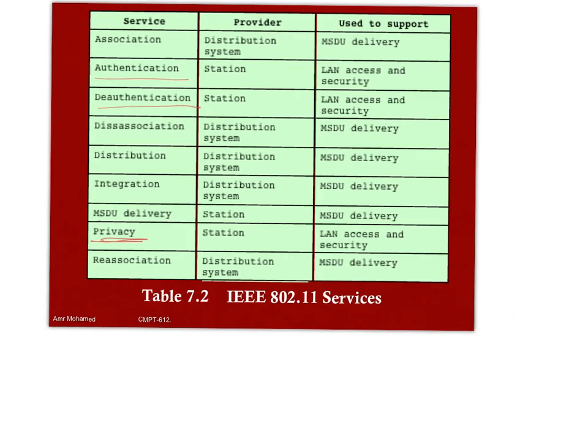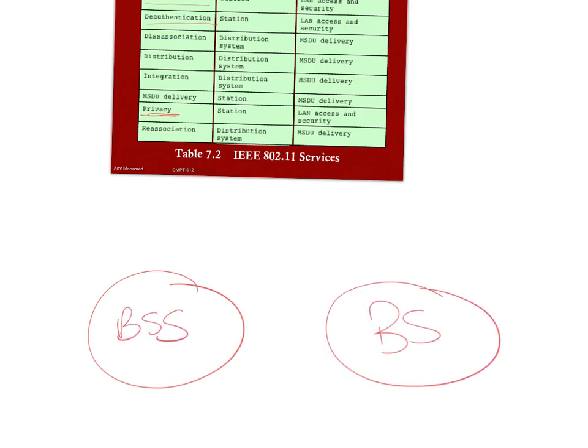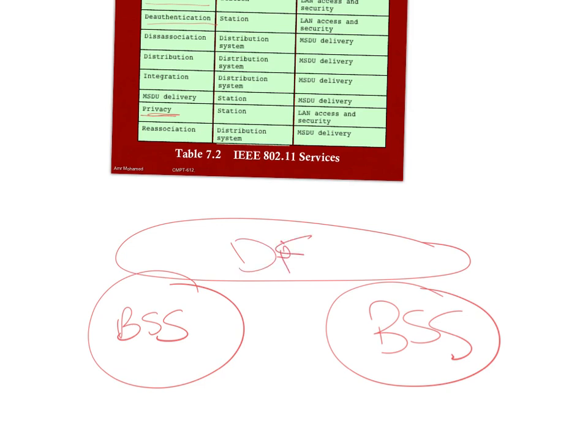So we know that this is a basic service set, and there is another basic service set, and this is the distribution system. If I do communication from here to here, this is a distribution.